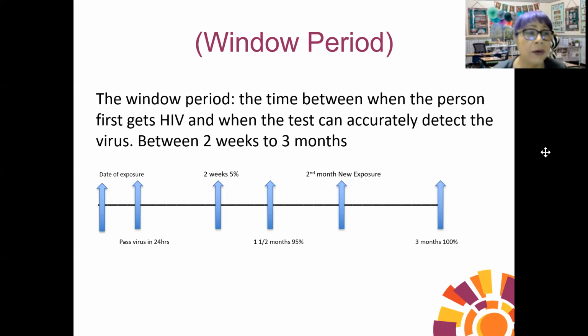That's why it is so important that when you do a test, you stay abstinent, that you abstain from any risky behaviors until 3 months have gone by. So when you get your result, that is a true result. Once you find out that you're negative, you want to protect that status, right? And if you're HIV positive, that's also okay, because now they have medication that you can start right away that can actually keep you healthy. So let's look at the next frame.